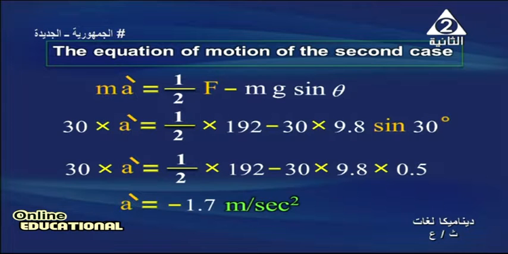Now, we note that the acceleration in the first case equals 1.5 meter per second squared when the body moves on a smooth plane inclined to the horizontal with an angle of measure 30. And if the force acting on the body equals half the magnitude of the first case, then the acceleration equals negative 1.7 meter per second squared. What is the meaning of negative 1.7?